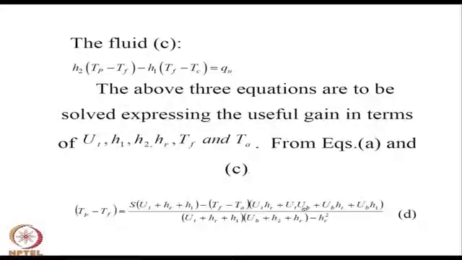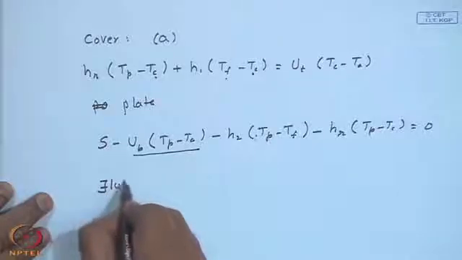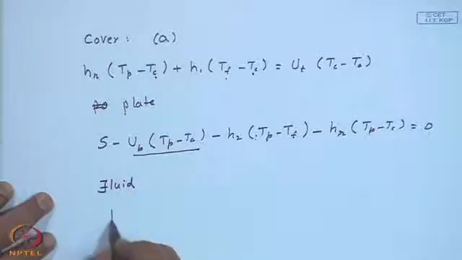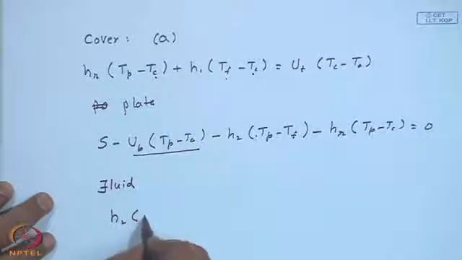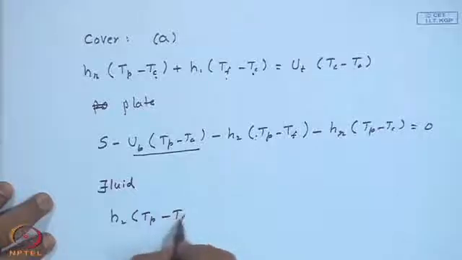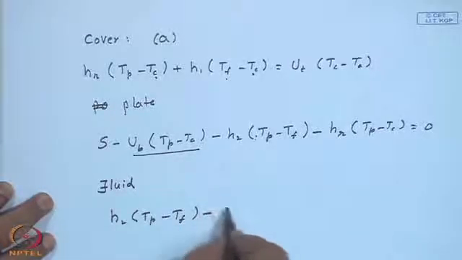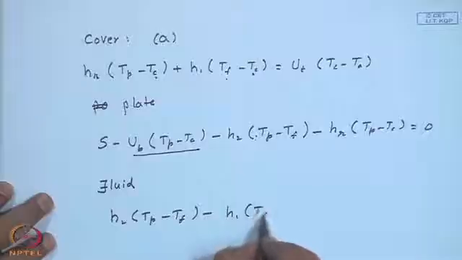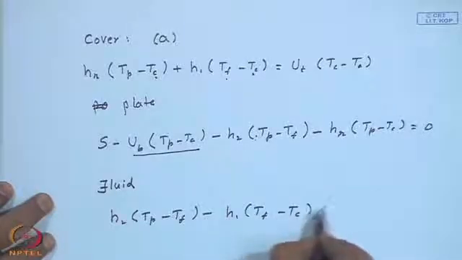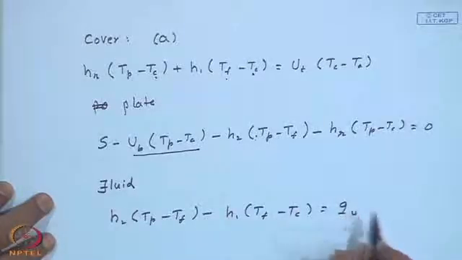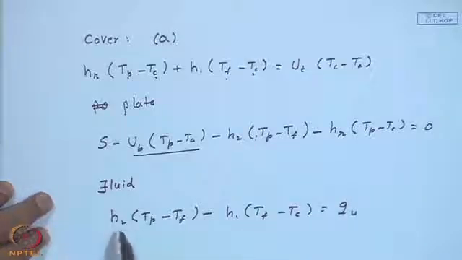Then the fluid, H2 into Tp minus Tf minus H1 into Tf minus Tc should be equal to Qu. So, this receives from the plate temperature Tp to Tf and loses from the fluid temperature Tf to the cover temperature Tc. That net should be equal to the useful energy gain Qu.